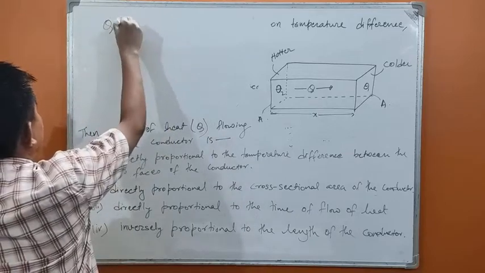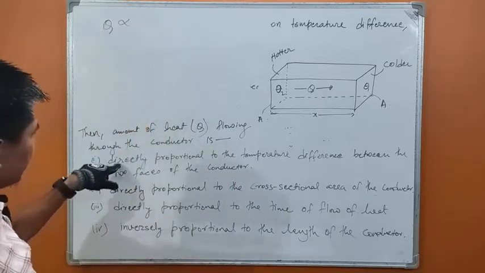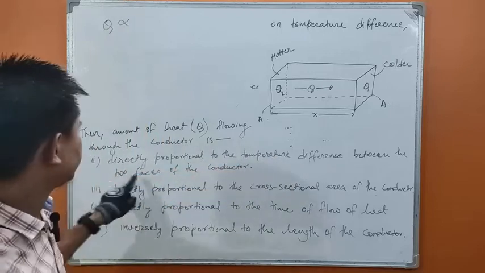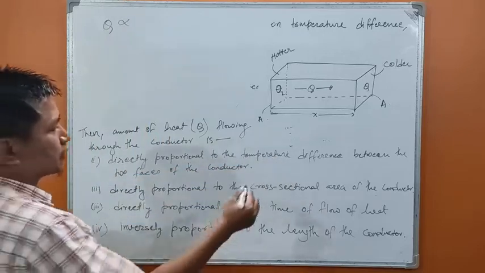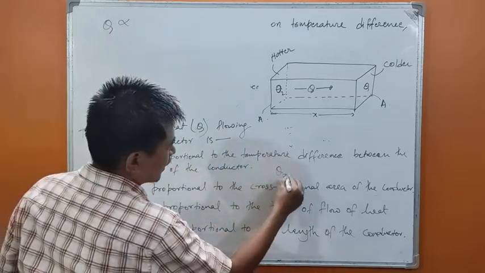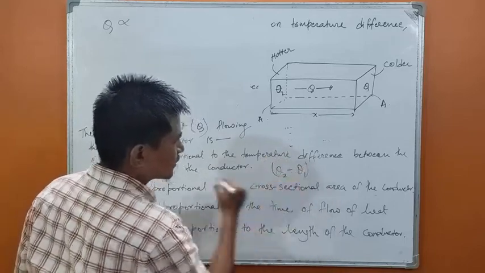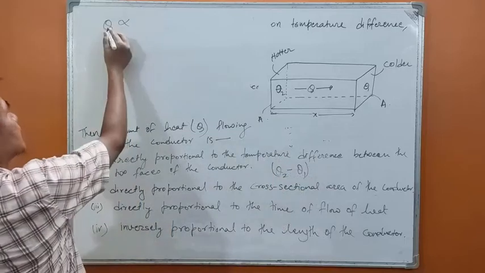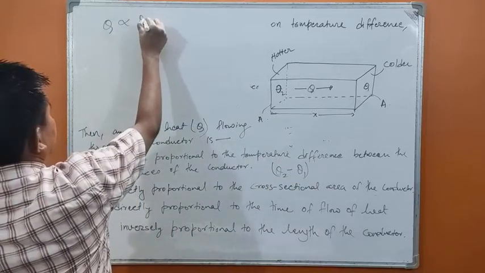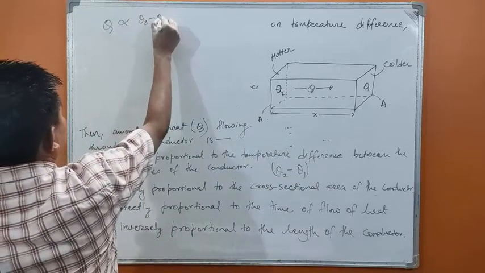Q is directly proportional to the temperature difference between the two faces. Temperature difference means θ2 is the higher temperature, θ1 is the lower temperature, so θ2 minus θ1 is the temperature difference, isn't it? Q is directly proportional to θ2 minus θ1.